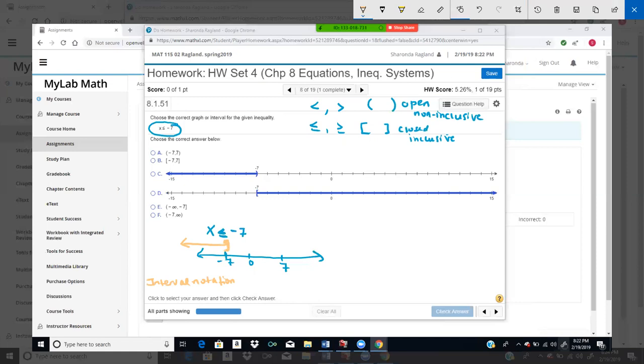And so if we look at the least, that's going all the way to -infinity. So that's why it's -infinity, open, and that's going all the way to -7. That's the max, and that's closed. So this is your interval notation right here. This is your graphical representation right there. So if we have to choose from the choices here, this would be E.